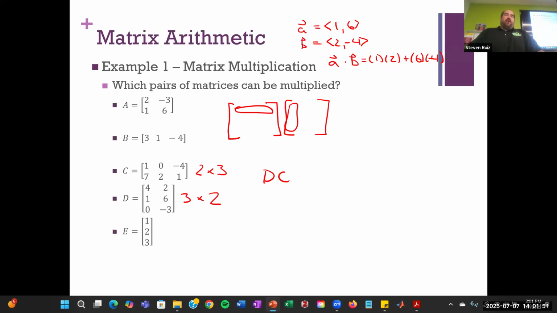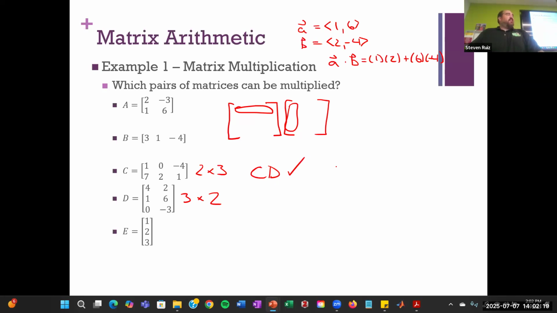So what do I need to be true about a row from the left matrix and a column from the right matrix? The number of rows from A is equal to the number of columns from B. That is why CD is a product that exists.